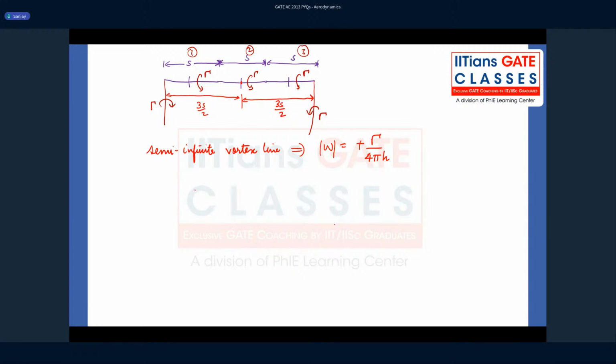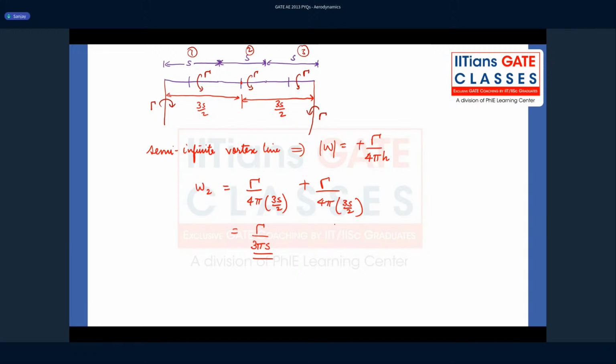So downwash at bird 2 is going to be gamma by 4 pi 3s by 2, and you see both these velocities are in the same direction. So again, they are going to add up, which is nothing but gamma by 3 pi s.